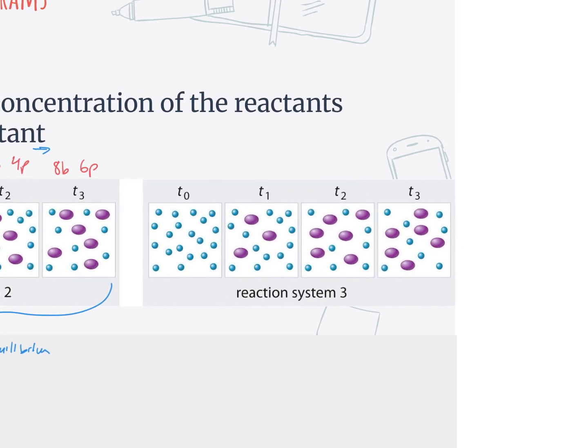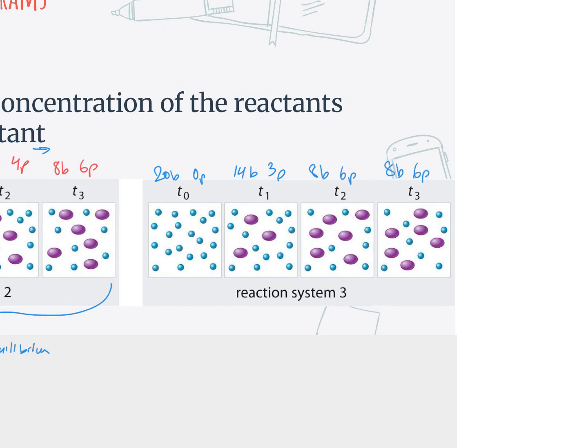Finally, let's go over to reaction system 3. Here, we have, again, 20 blue, 0 purple. If we look over at T1, we have 14 blue and 3 purple. If we look at T2, we have 8 blue and 6 purple. At T3, we also have 8 blue and 6 purple.